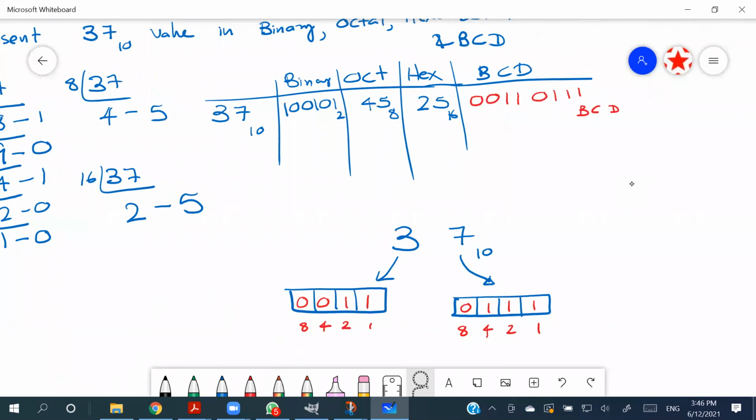So in the olden days, the values in the computer were represented like this. From 0 to 9, they had 10 different codes. So if they needed to represent 37 in the computer, this was the code that they were using.